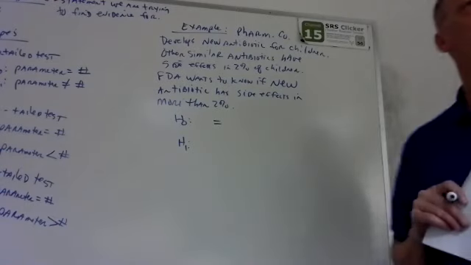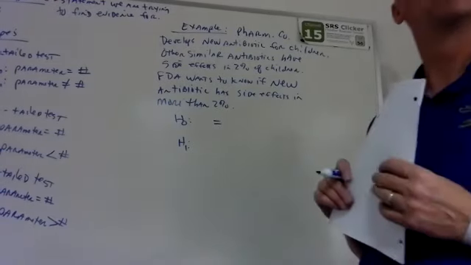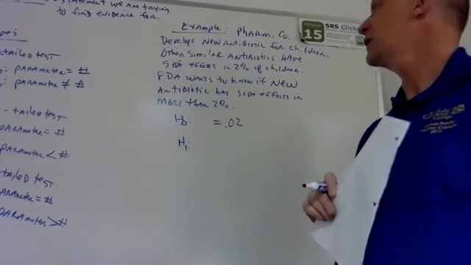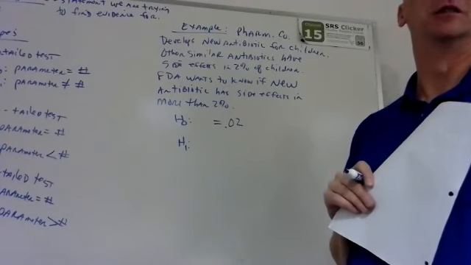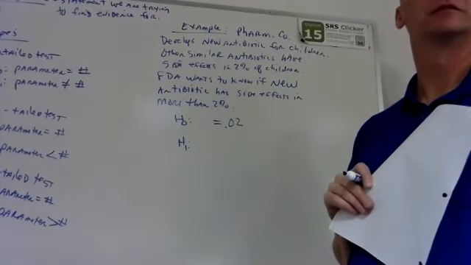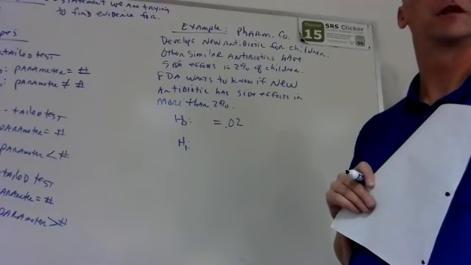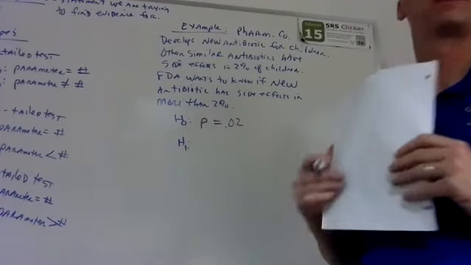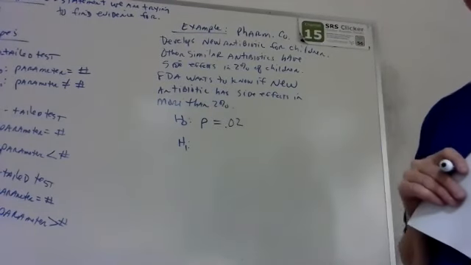What percent? 2%. So I'm going to write 0.02. And then you gave me a bunch of words, but I want a letter. You said P? Why did you pick P?